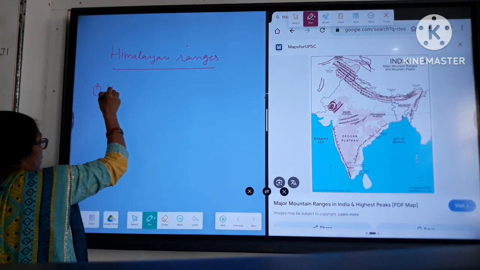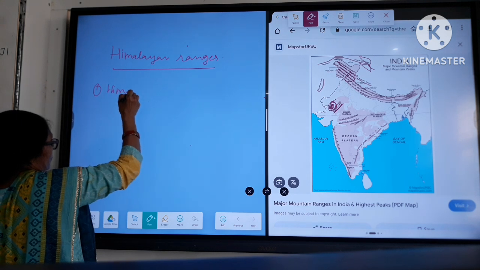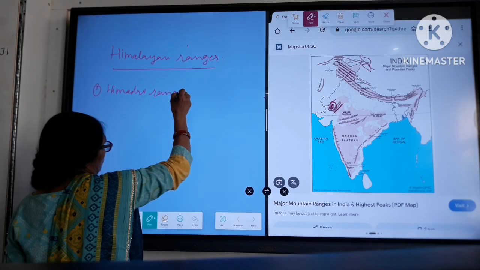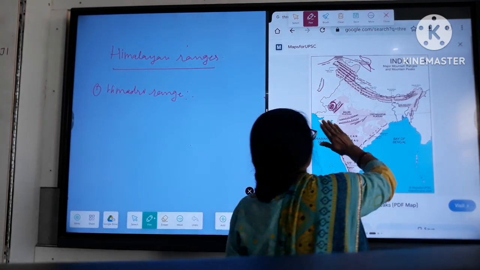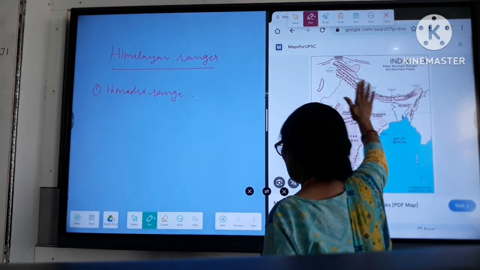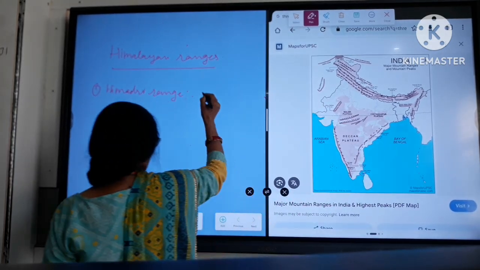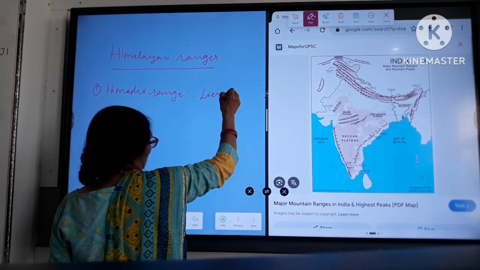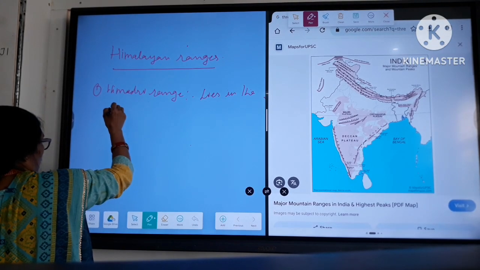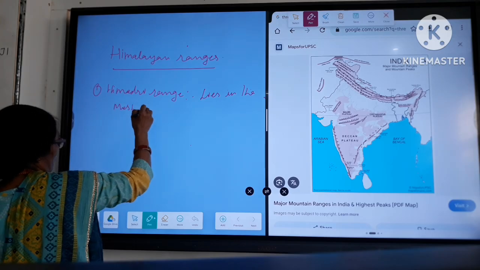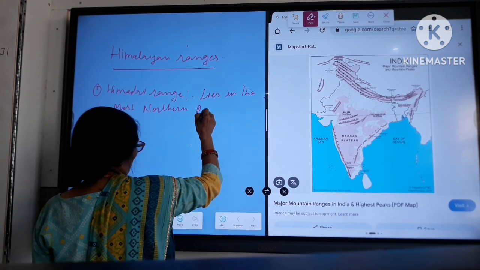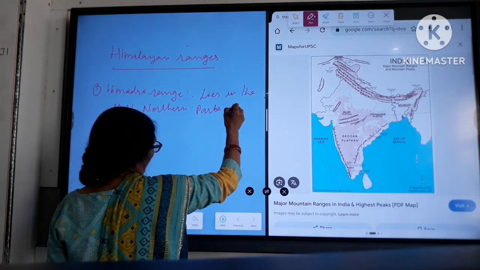First is the Himalayas. It lies in the northernmost part of India.